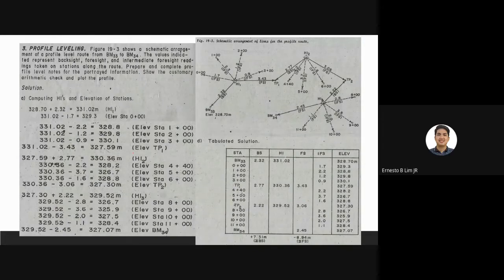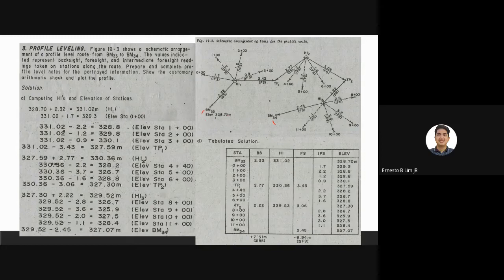Figure 19-3 shows a schematic arrangement of a profile level route from benchmark 33 to benchmark 34. So expect that your BM33 is your initial point and your BM34 would be the terminal point.